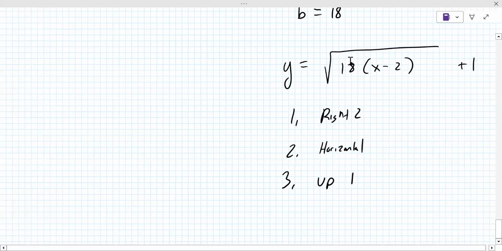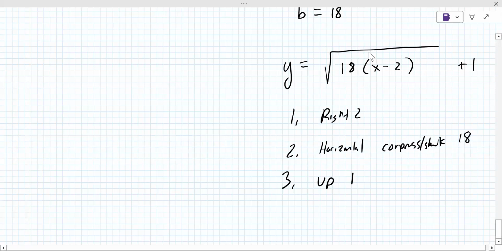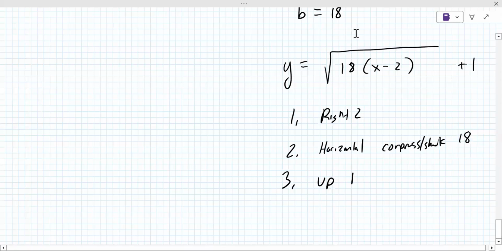Normally you think of 18 as being a stretch, but because it's inside, it's a compress or shrink by 18. Everything inside or underneath is always opposite of what you probably think it would be. Inside the whatever, it's just always opposite. I get that part.